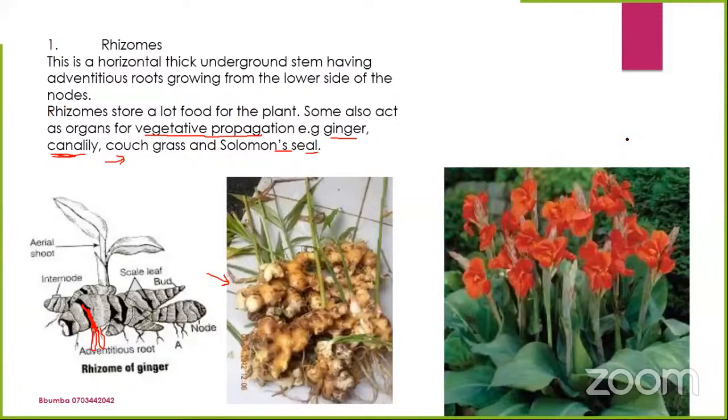Namatovu Jovia. Teacher, do all rhizomes have adventitious roots? Okay, thank you for that question. Yes, they're all going to be having adventitious roots.